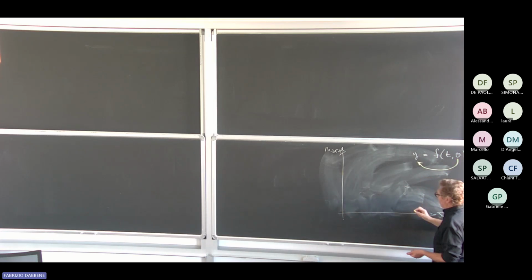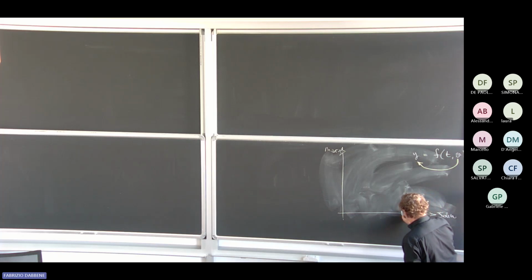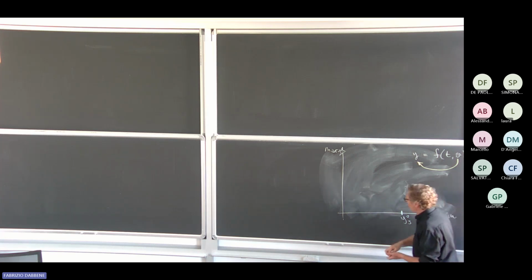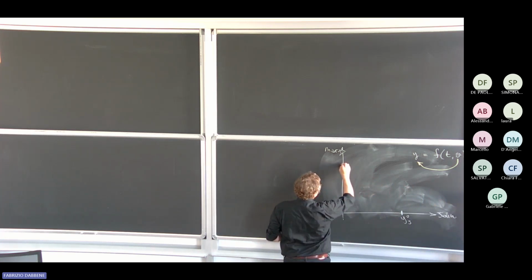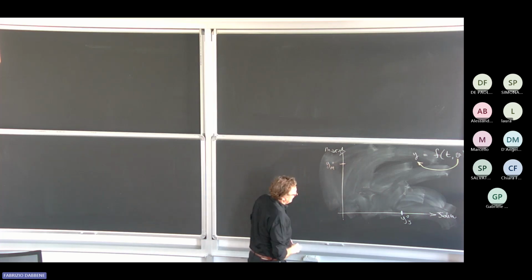So, first of all, I have observed some value of y for John. So this is John observed, y John observed. And of course, I have some Mary, so y Mary observed.